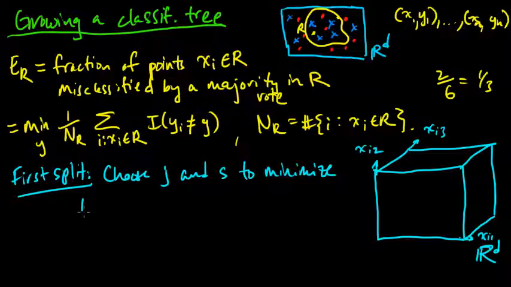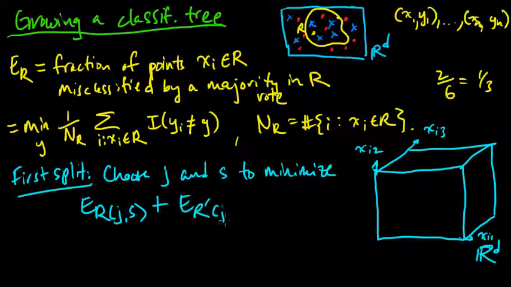So I'll need a little bit more notation here. I'm going to minimize E_{R_{j,s}} plus E_{R'_{j,s}}, where, if j is 1 and s is this point, then we might make a split here.